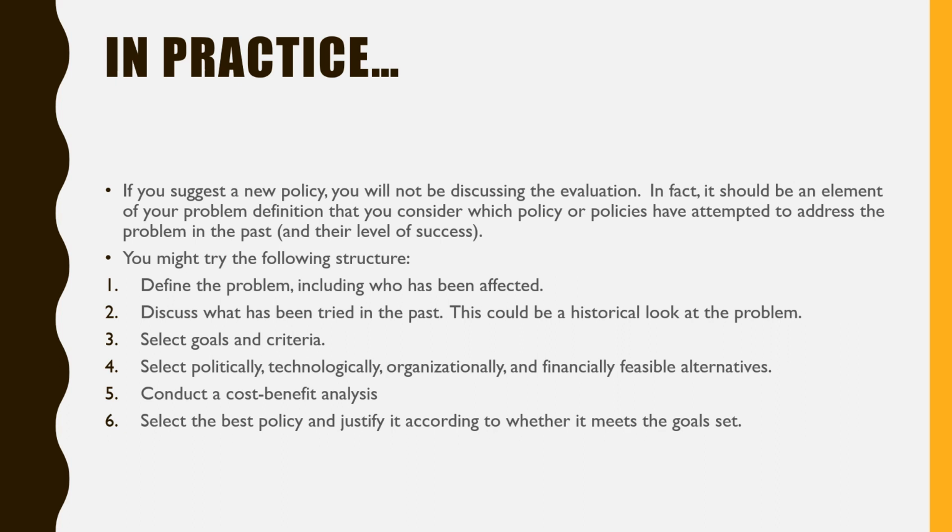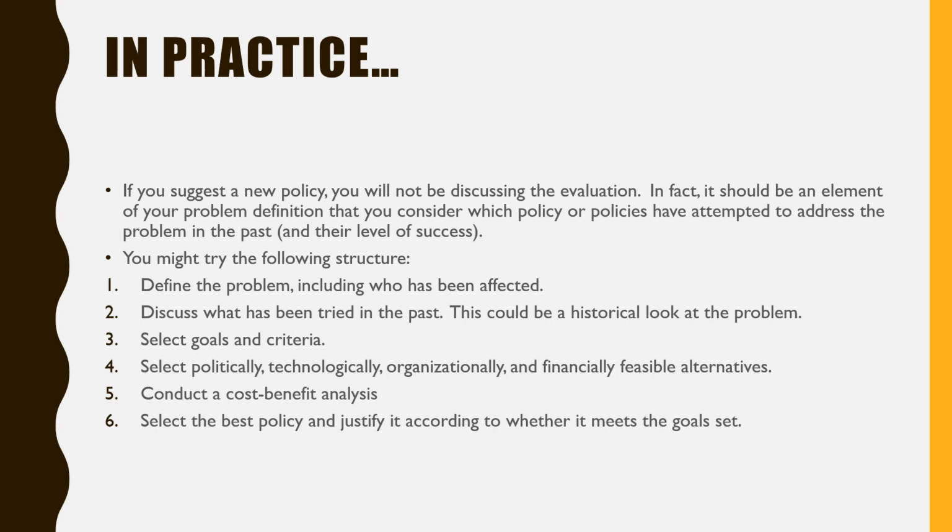So as you're writing your paper, you might say, well, this is the structure that I'm going to try for this semester. You're going to want to define the problem. You're going to want to discuss what's been tried in the past. This could be a historical look at the problem. You could select goals and criteria.